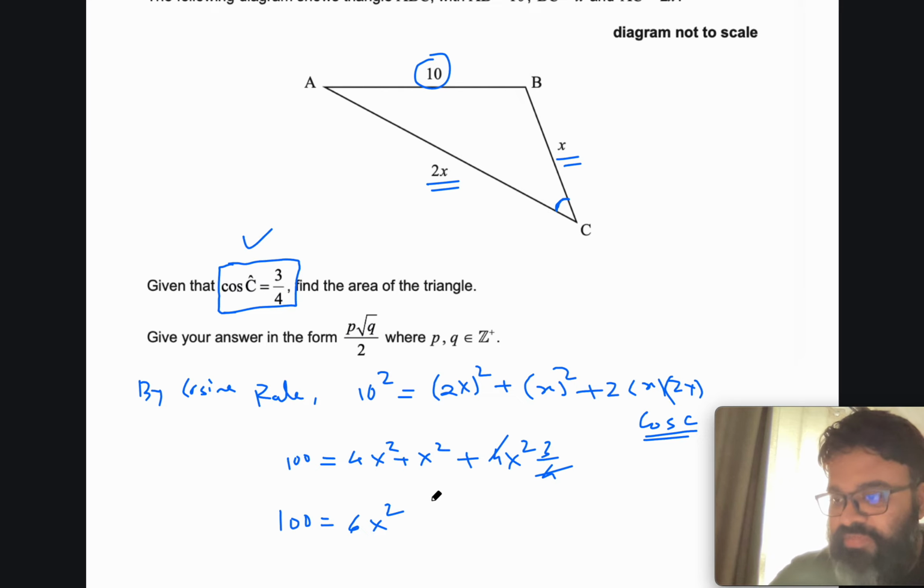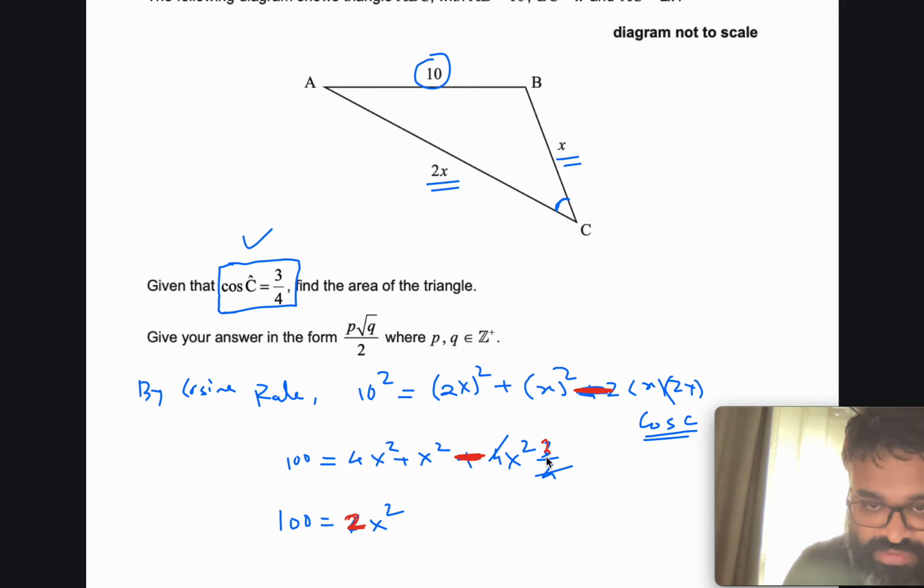Let's just verify the answer. Oh, no, I made a mistake here. There is a minus sign, of course, over here. Sorry. So this is negative. So 5x minus x. So this will become 2x square. See, 4x square plus x square and 2 times 3 by 4. 4 cancels out.